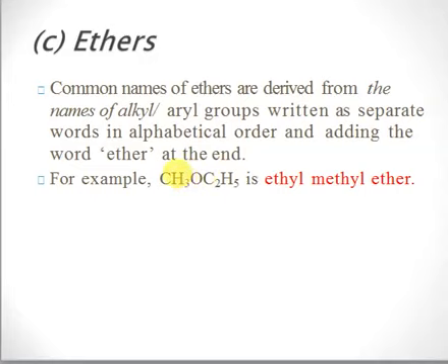So we have methyl and ethyl. Since E comes first in the alphabet, the name will be ethyl methyl, followed by ether in the end. So the name for this molecule will be ethyl methyl ether.